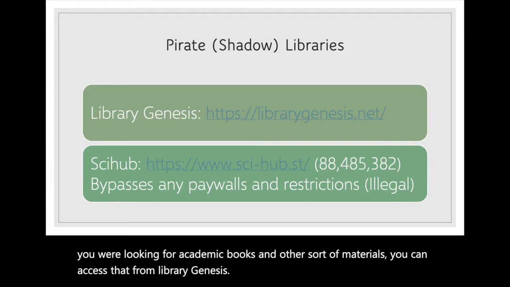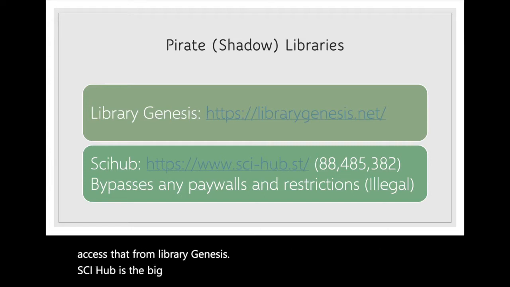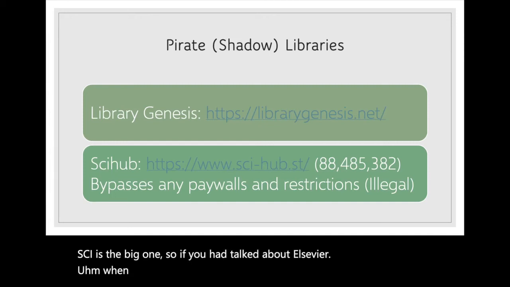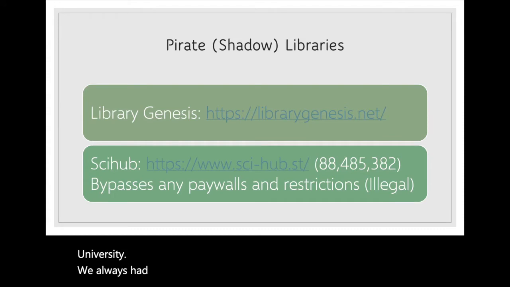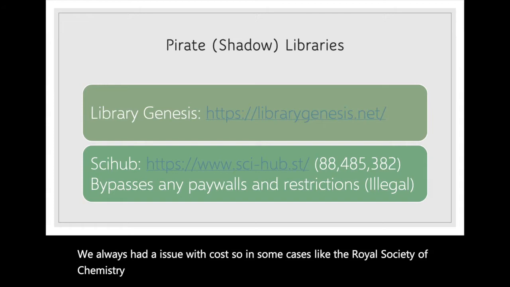Sci-Hub is the big one. When I talked about Elsevier, when I was a STEM librarian at Kent State University, we always had an issue with cost. In some cases, like the Royal Society of Chemistry, there's a host of chemistry journals that the chemistry department had access to.